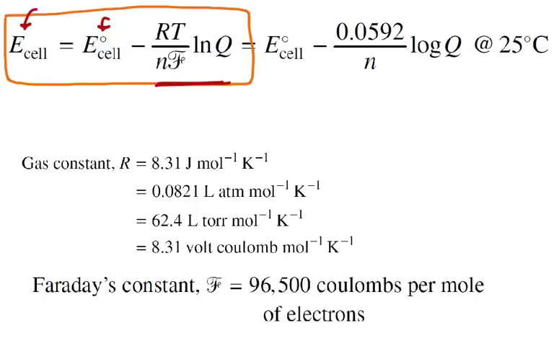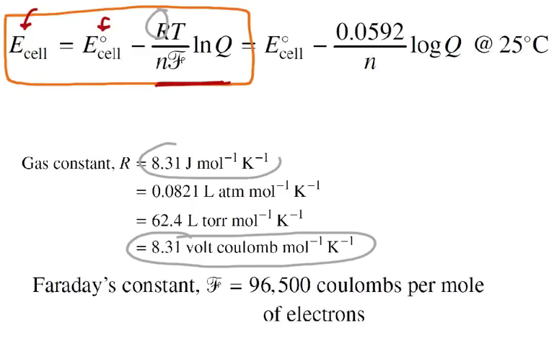So we have several values in here, and we have R. Now R is the ideal gas constant, and it keeps showing up in a lot of different equations, and in this one we want to use this last value, the one with volts, 8.31. Notice that's the same number as when we were doing joules, and also the same one when we were doing kilopascals as our pressure.